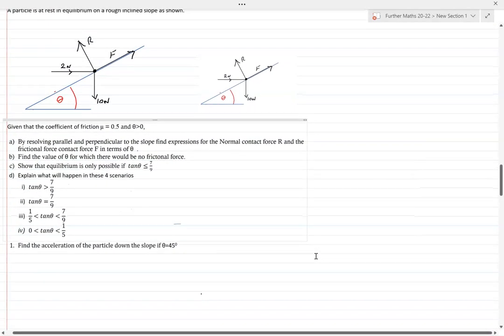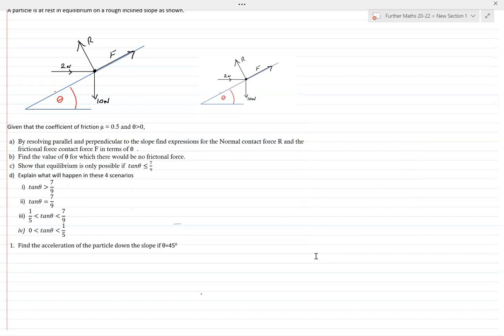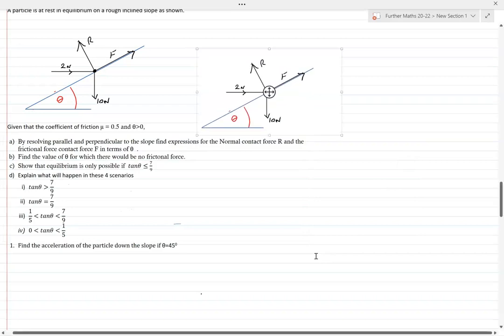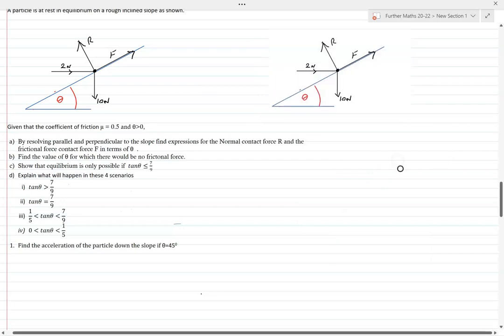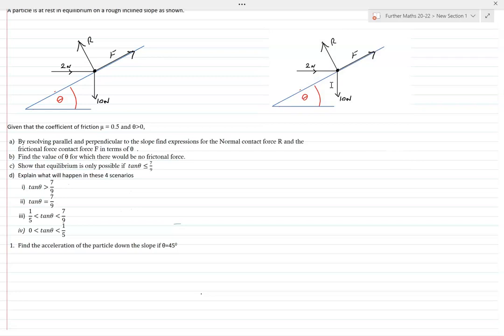Okay, so let's use this diagram here to actually do some of our resolving. Let's look at the first part of this question, which basically says that theta is the unknown here.